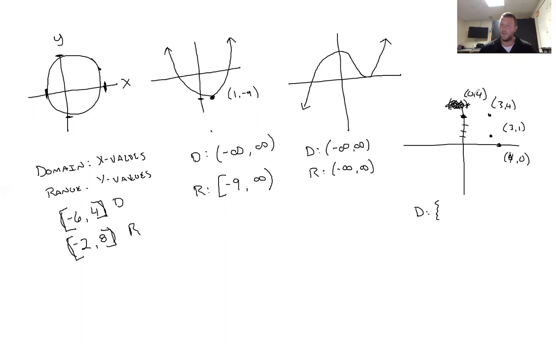It's all the x values. So it's 0, 3, 4. Now you don't have to put it twice. And the range, all the y values, 4, 1, 0. So put them in numerical order. And that's your domain and range for each of those. Okay. All right.